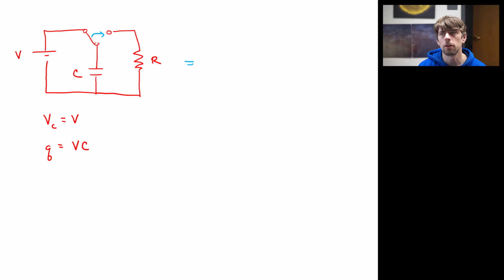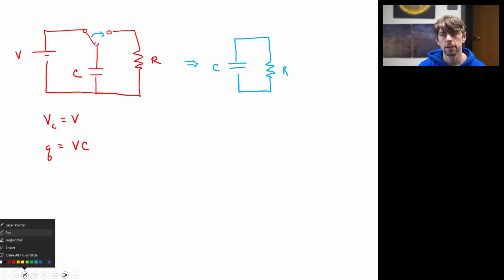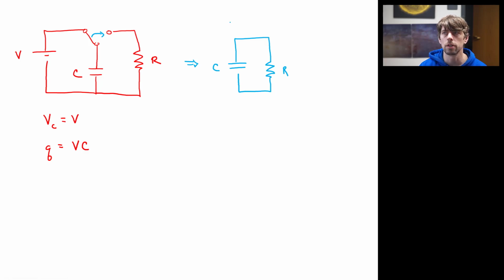If you prefer, you could think about taking that circuit and drawing it something like this, where we have the resistor R and the capacitor. This is the situation we want to consider, and this is often referred to as the discharging capacitor, or a discharging circuit in general.